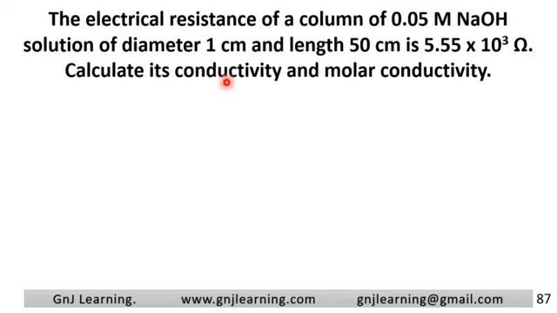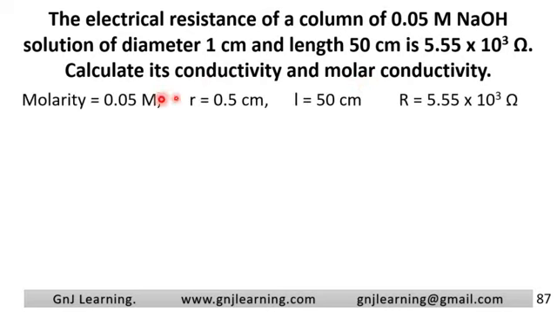Calculate its conductivity and molar conductivity. So resistance is given, and I have to calculate conductivity and molar conductivity. What parameters are given? Molarity is given, diameter 1 centimeter so the radius is 0.5 centimeter, length 50 centimeter, and also resistance is given.